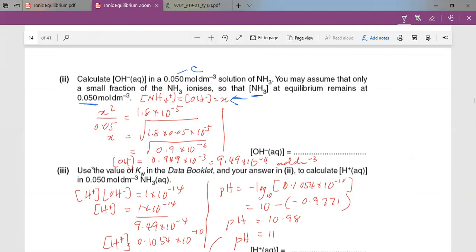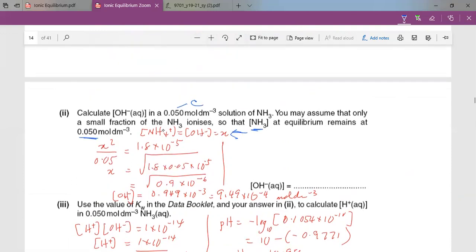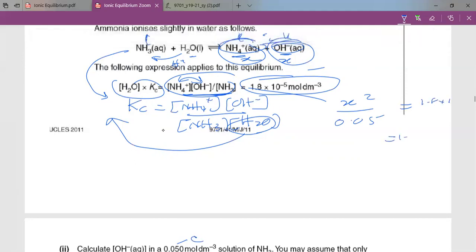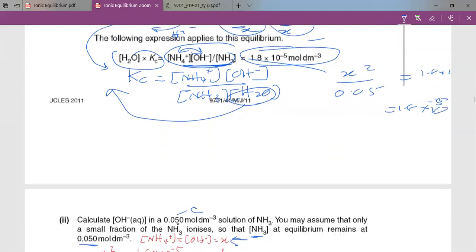So remember this whole thing, right? X squared over ammonia, 0.05, is equal to 1.8 times 10 to the power minus 5. That's what I put here.